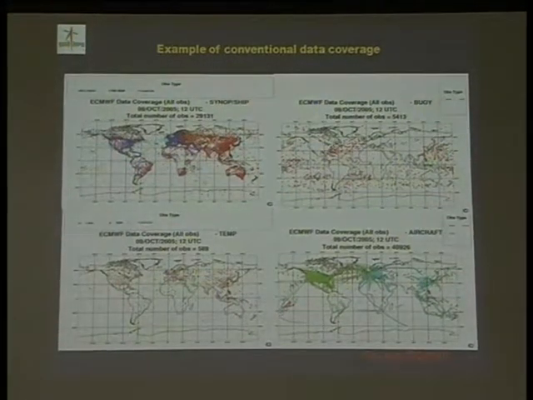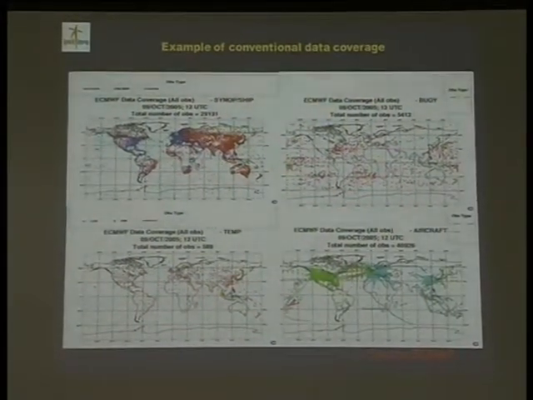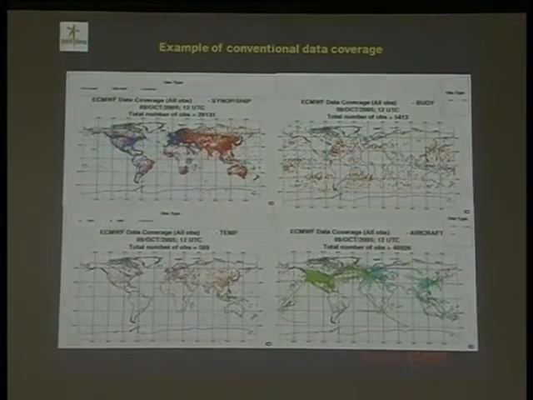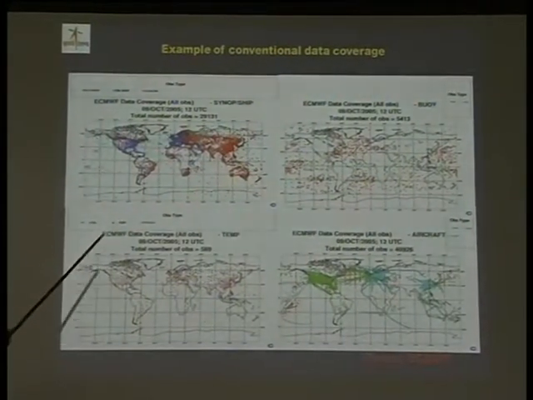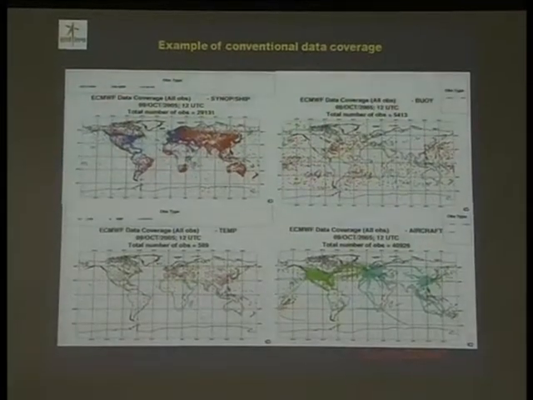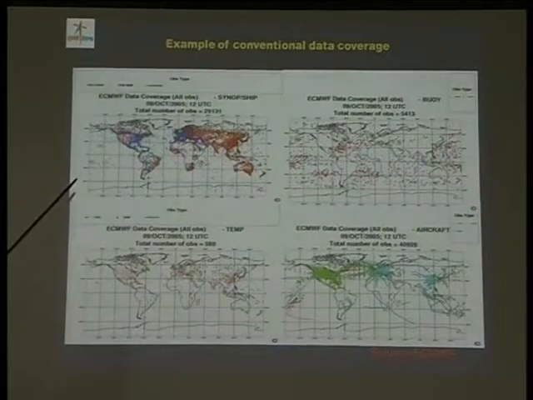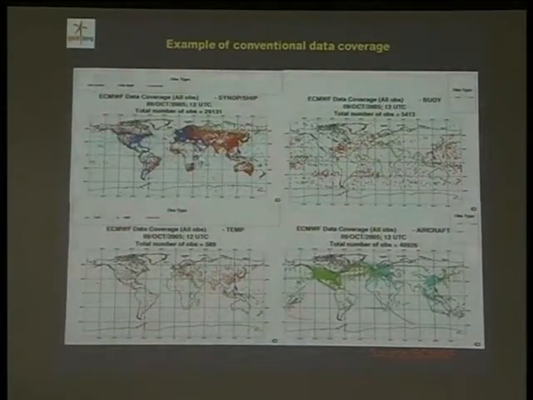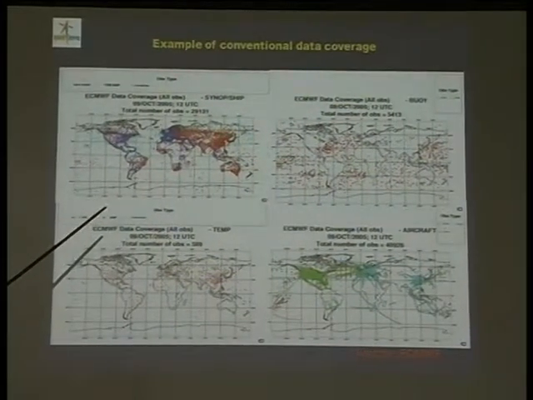These are the basic examples of conventional data coverage for atmospheric and oceanic observation. If you see these synoptic land observations, surface observations, they are mostly over land regions. We have some ship measurements as well as some observatories over islands, but they measure only the parameters over land.